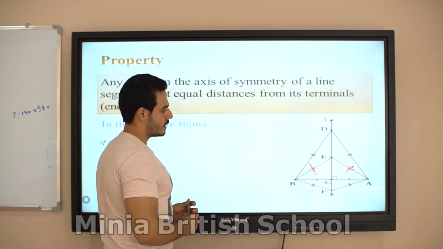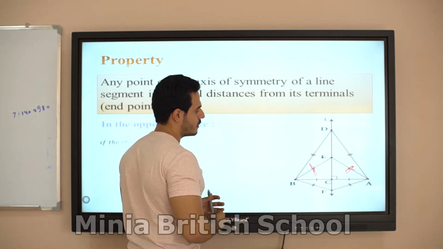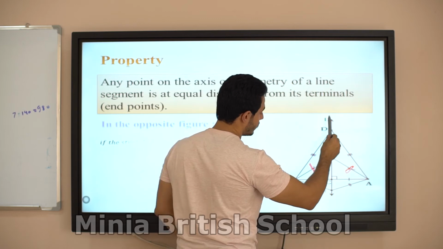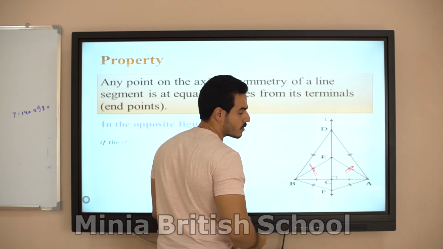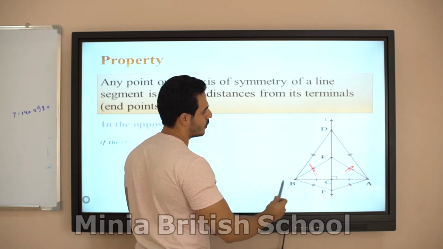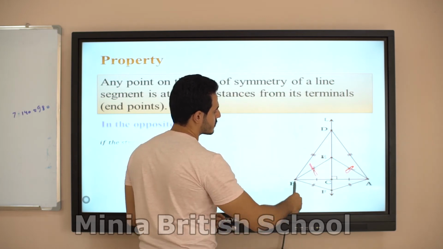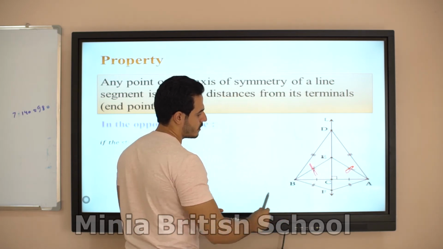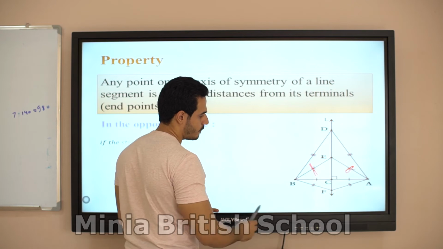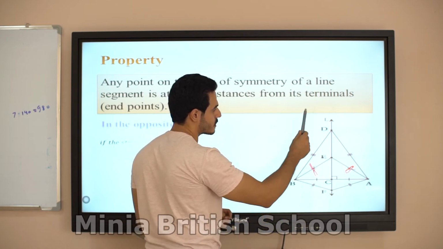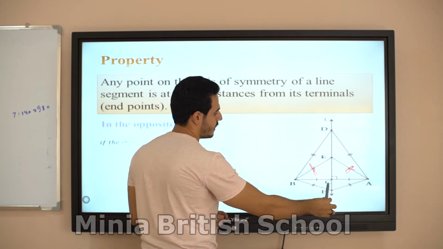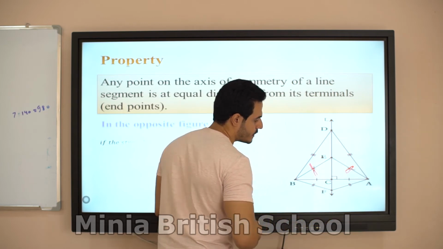Okay? Now let's look at D. D lies on the axis of symmetry L. So AD equals BD. Let's see point F. F lies on the axis of symmetry L. Then AF equals BF.